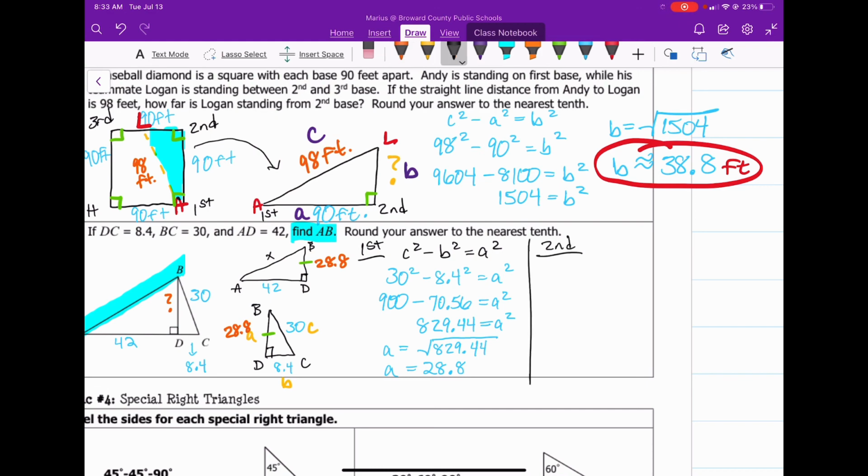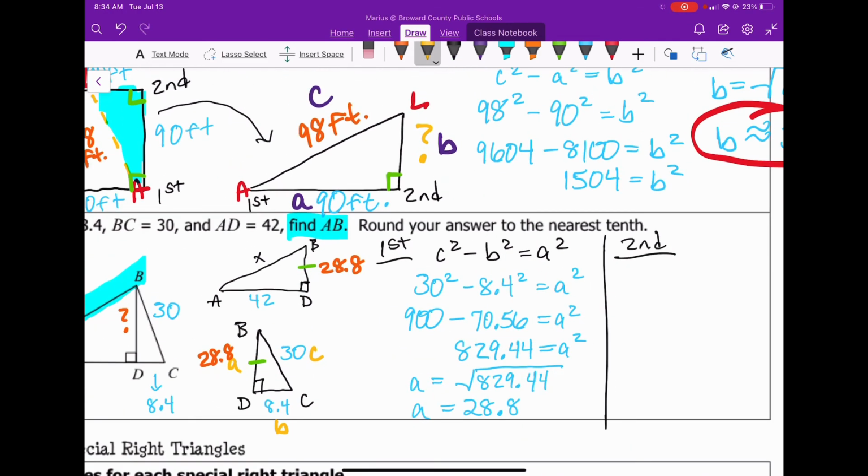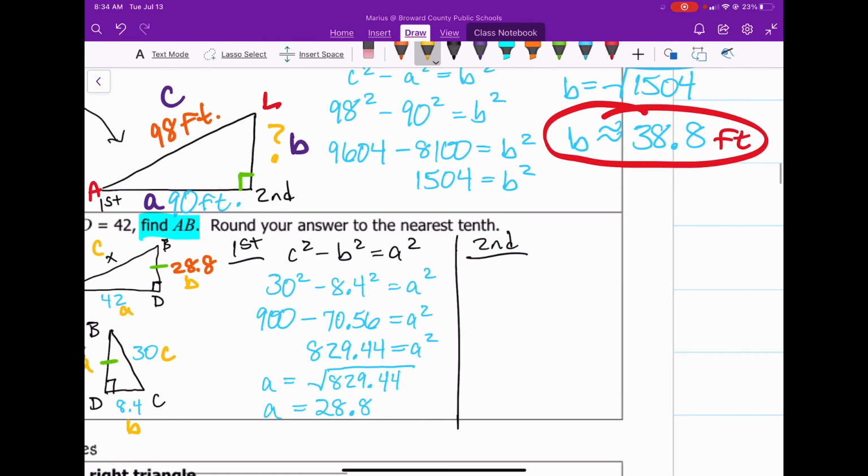Our second part is using the Pythagorean theorem, because if we label the bigger triangle, this would be A, this would be B, and this would be C. So we have to use our regular Pythagorean theorem, which is A squared plus B squared equals C squared.